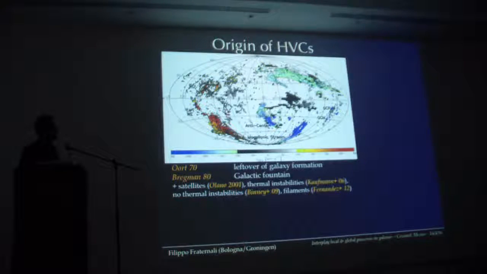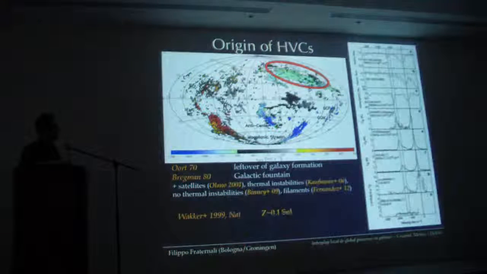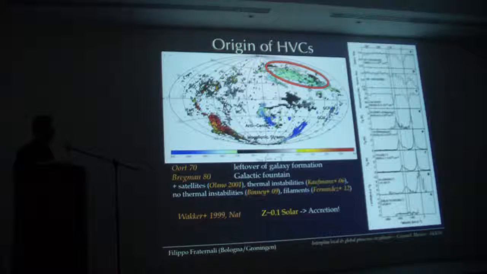Today I'm going to focus on the prototypical cloud, which is the complex C, this big cloud you see out there. We thought a breakthrough was found when in 1999 the metallicity of the complex C was measured. They found 0.1 solar, 10% solar. That was the conclusion.